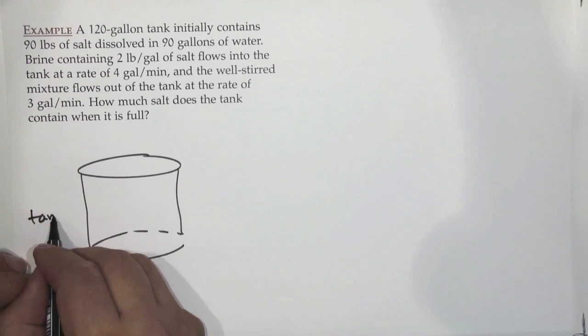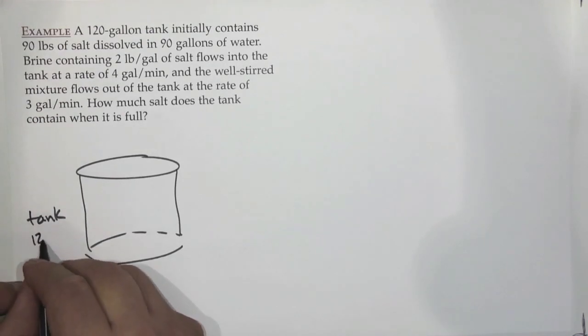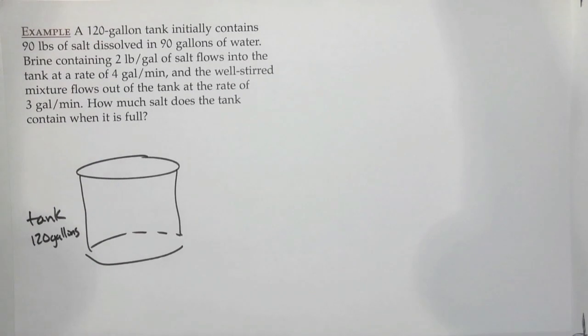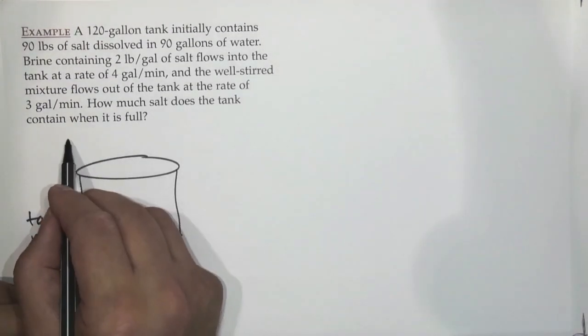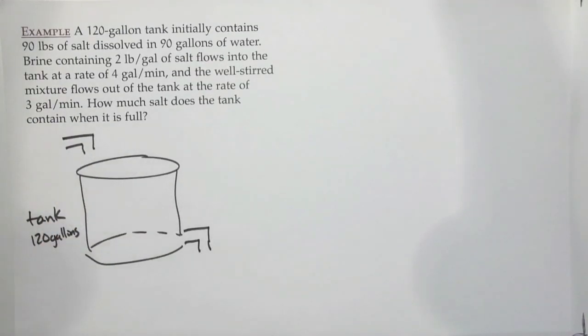You can tell it's a tank because I just wrote the word tank next to it. All right. And it has 120 gallons. But in addition, there's actually two things happening. Something is coming in, and then something is going out. And so we just need to understand the in and the out.